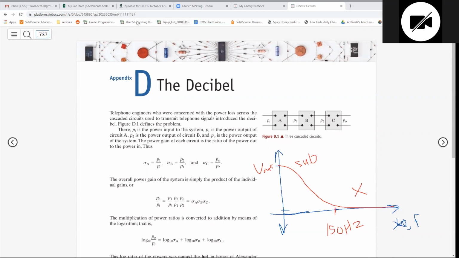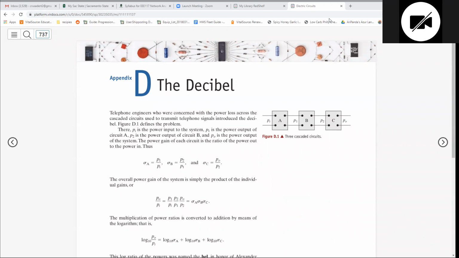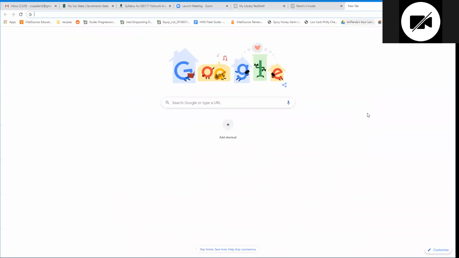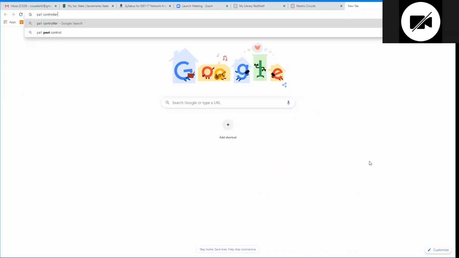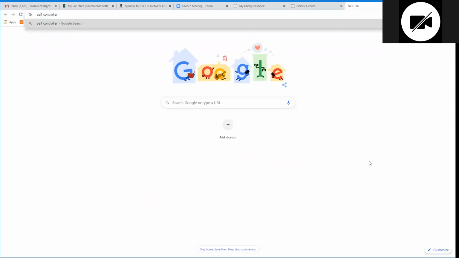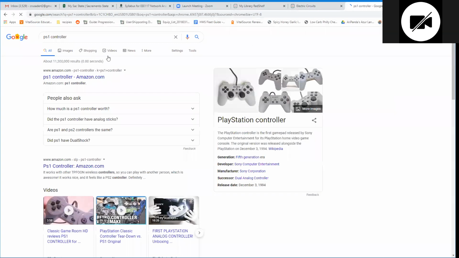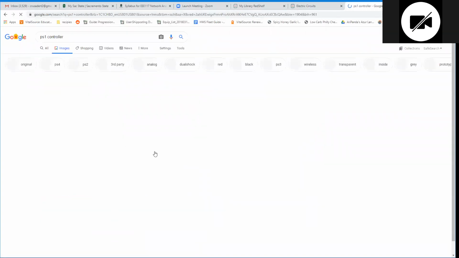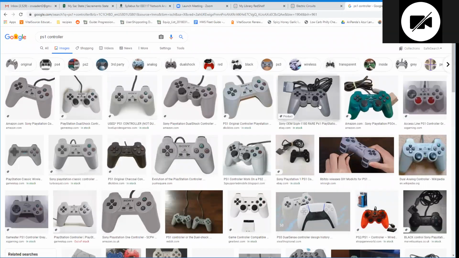One thing I always show people, I guess from my video game background, is you guys remember old school PS1 controllers? Note that these controllers have a straight cord.